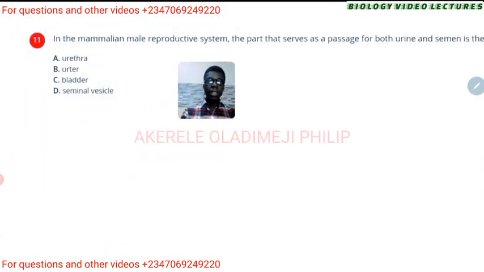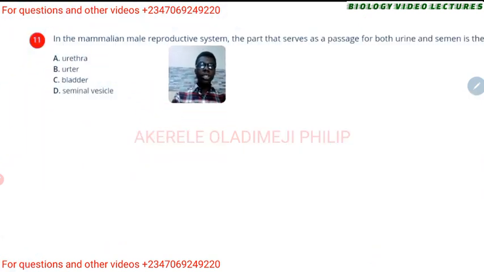Now it says here, in the mammalian reproductive system, the part that serves as a passage for both urine and semen is the what? Okay, it is actually the urethra.